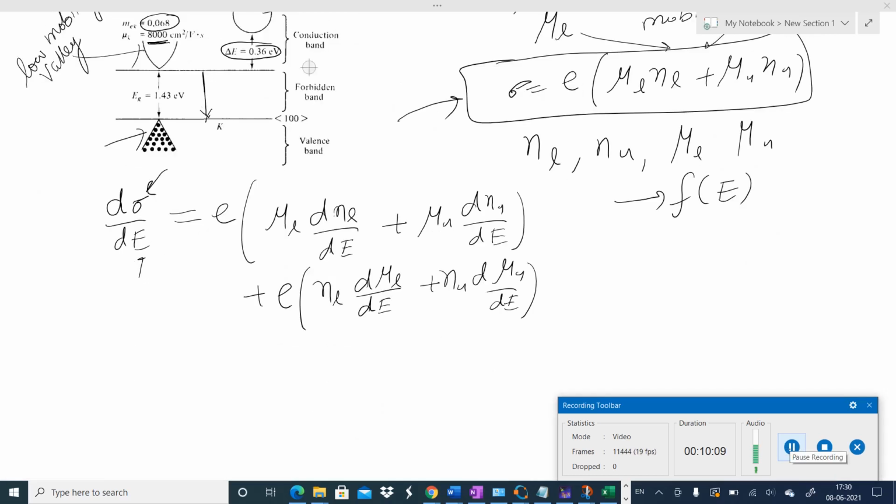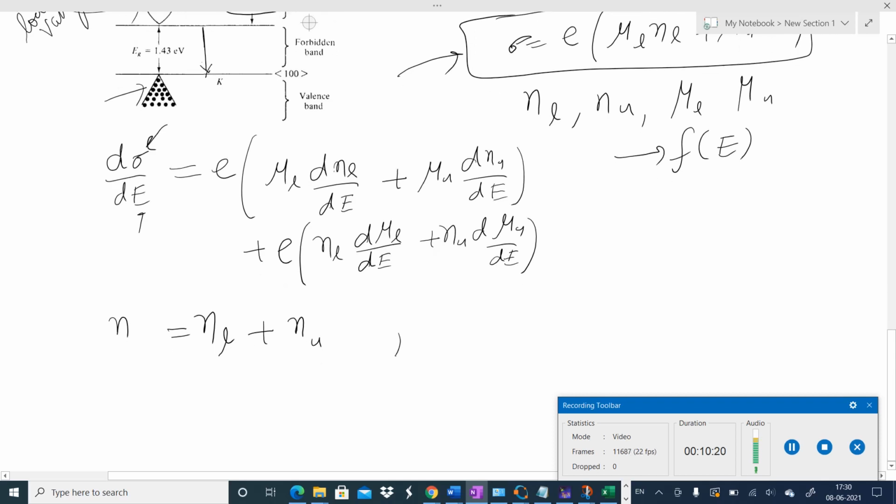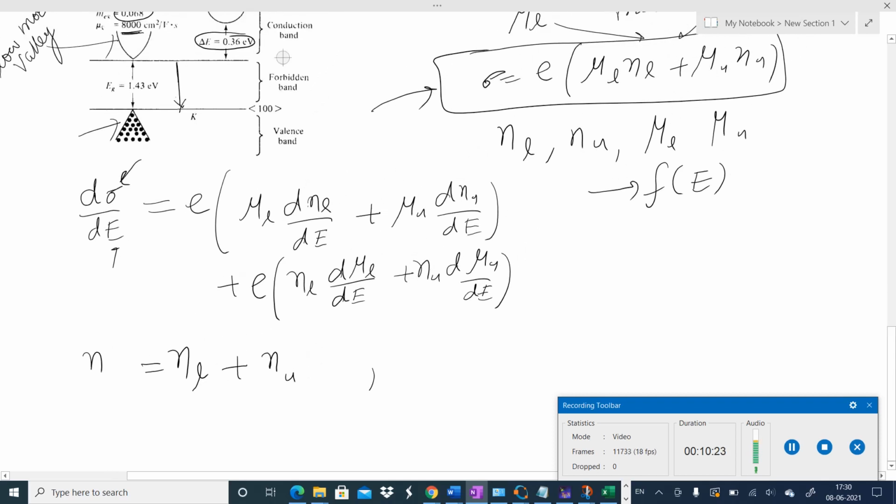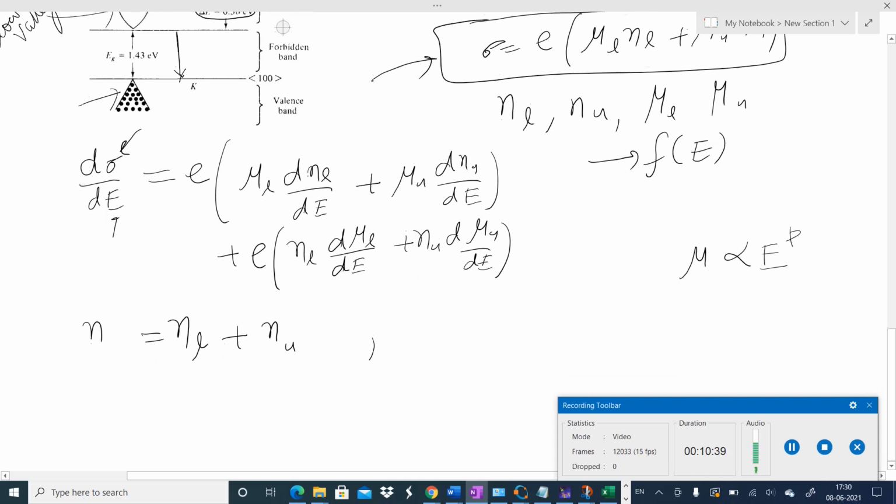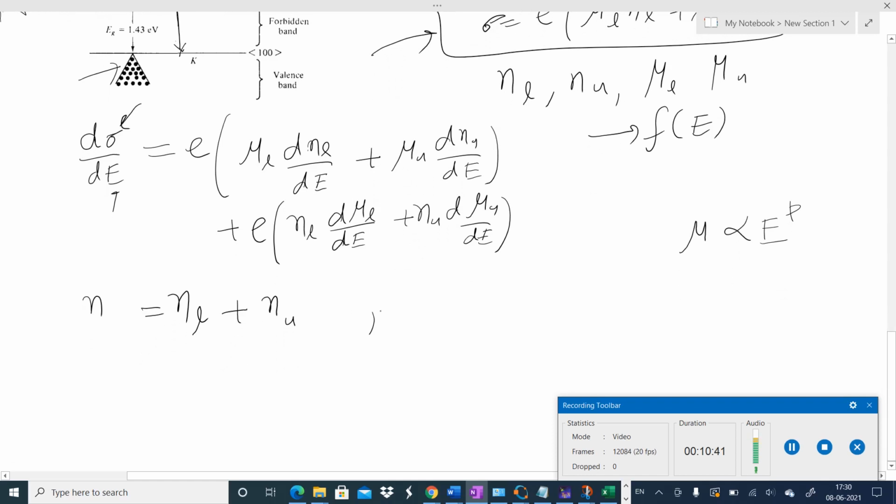Okay, we get this. Now what is the total electron density? The total density will be NL plus NU. Let's call that N. One assumption is made here, which is experimentally validated also, that the mobility is proportional to the pth power of electric field, where p is some constant, for both mu L as well as mu U. Now the total density remains constant.